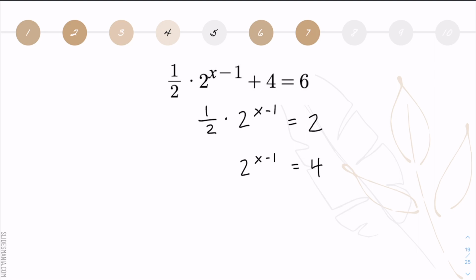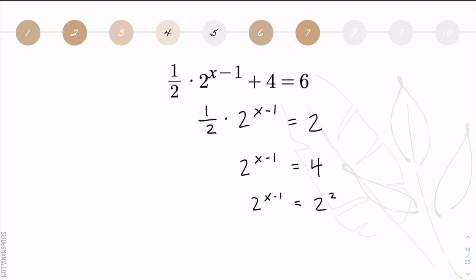Okay, from here, I'm recognizing that 4 is just 2 squared. And if that's not obvious to you at first, we need to practice recognizing patterns. We want to have the same base if we want to take this approach.